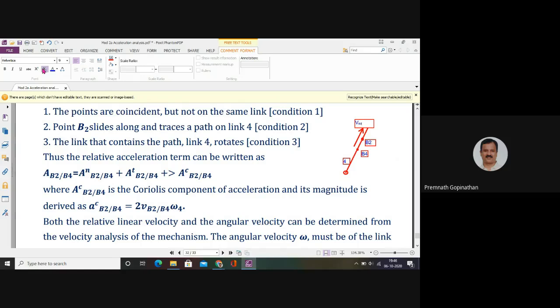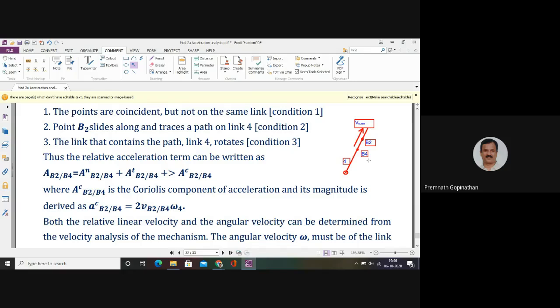That is the direction shown by this vector. Now, since I know the direction of the vector, for the time being I'm considering the direction of angular velocity omega 4 to be clockwise. Now, suppose omega 4 is clockwise, then the direction of the Coriolis component will be like this.